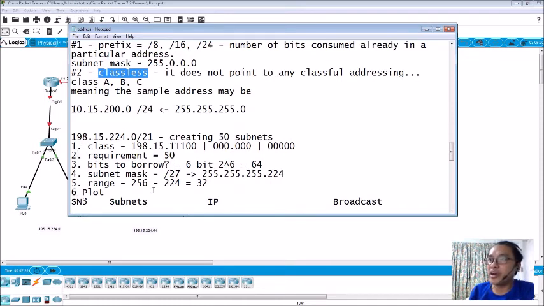Since CIDR is also a subnetting procedure, we have to follow the 6 steps also. But number one, since this is not classful addressing, we still need to plot out the binary value of these addresses so that we can identify where to stop and where to begin counting the number of bits to be borrowed.